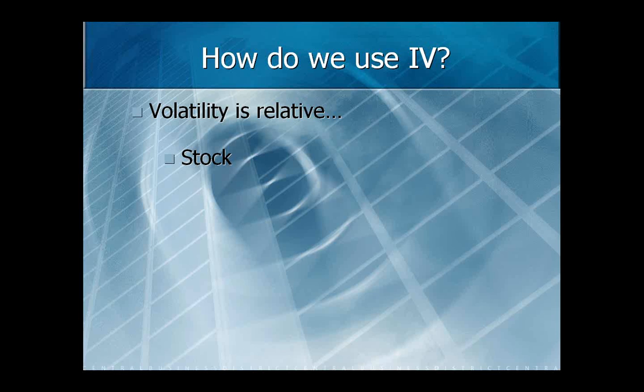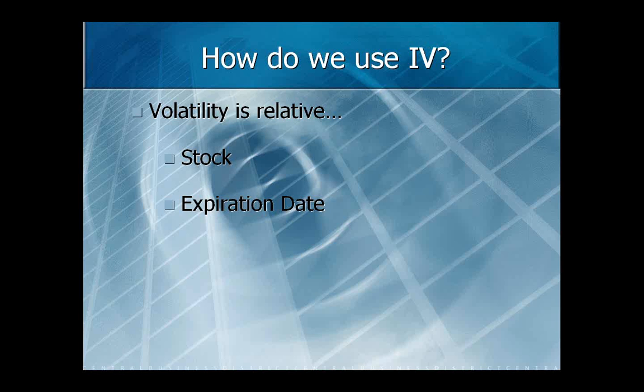Another stock may be at an implied volatility of 40, but actually the stock that's at 40 might be too expensive. That might be high for that particular stock. So you can't really compare one stock to another in terms of the implied volatility. You've got to look at what's the relative average volatility of that particular stock, and I'm going to show you how to do that in a minute.